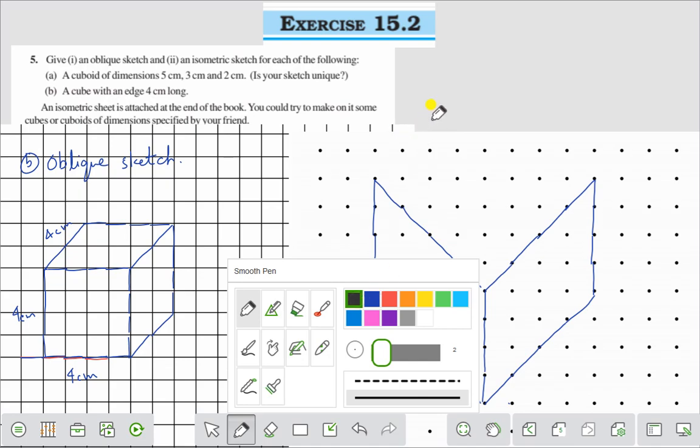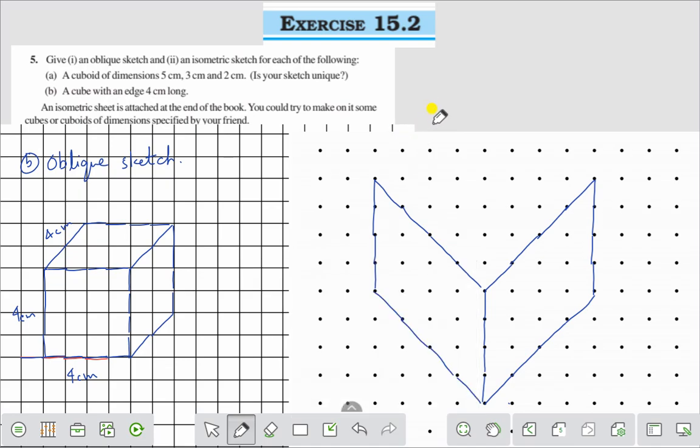That is 1, 1 2, and another point is here 2 3, the last point is here 4. Here also take 1 2, this is the third point, right? If you increase this one, you will get this one, right?